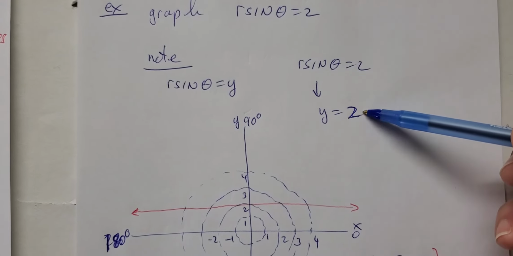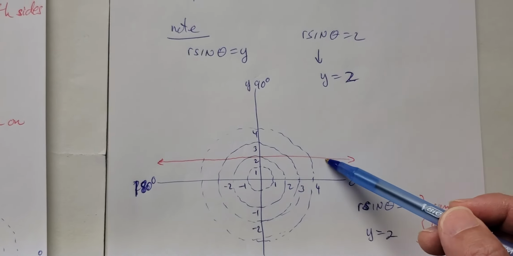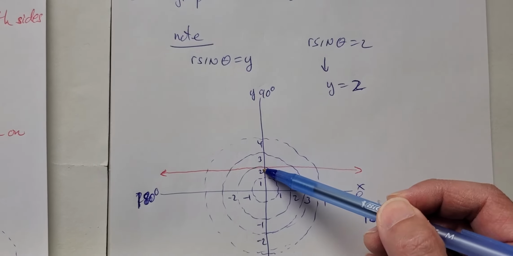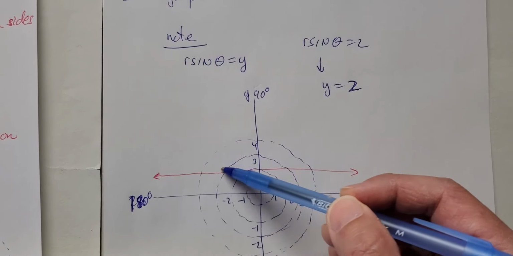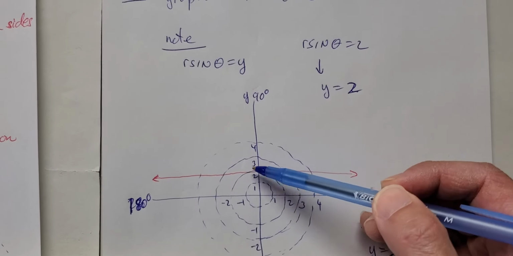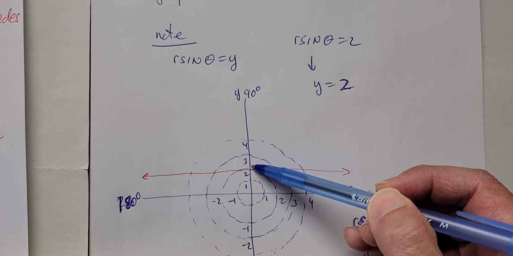So y equals 2 is just a horizontal line on 2, which is on the y-axis at 2 units.